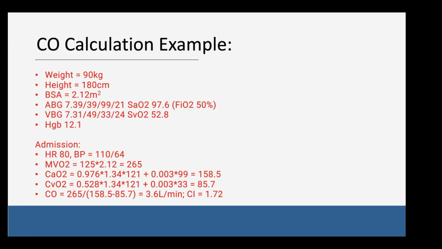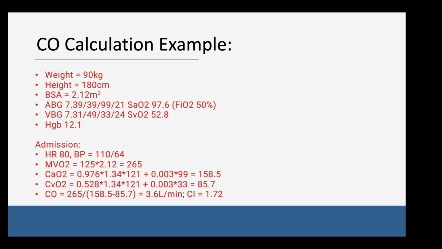His hemodynamics are stable. And if we go back to this calculation, our oxygen consumption is, by the Dehmer formula, 125 times the BSA, which is 265. And just so you guys don't have to have calculators, I did these calculations, but if you don't follow where these numbers are coming from, please interrupt me so I can go over them.